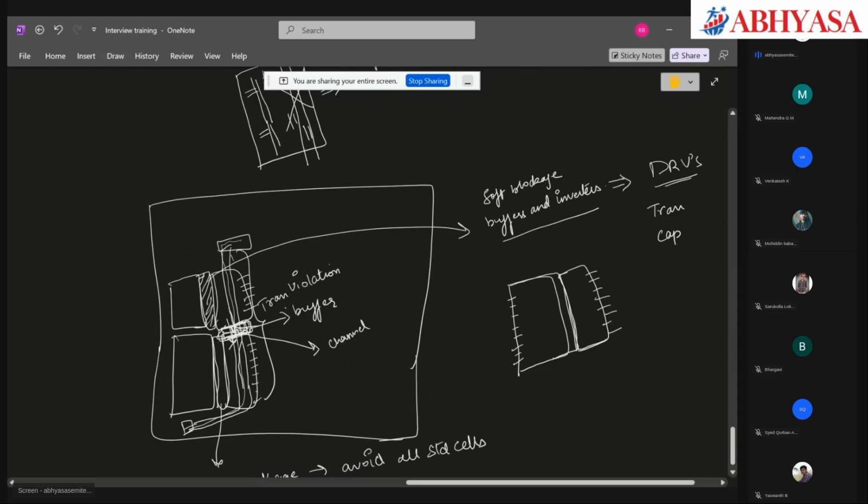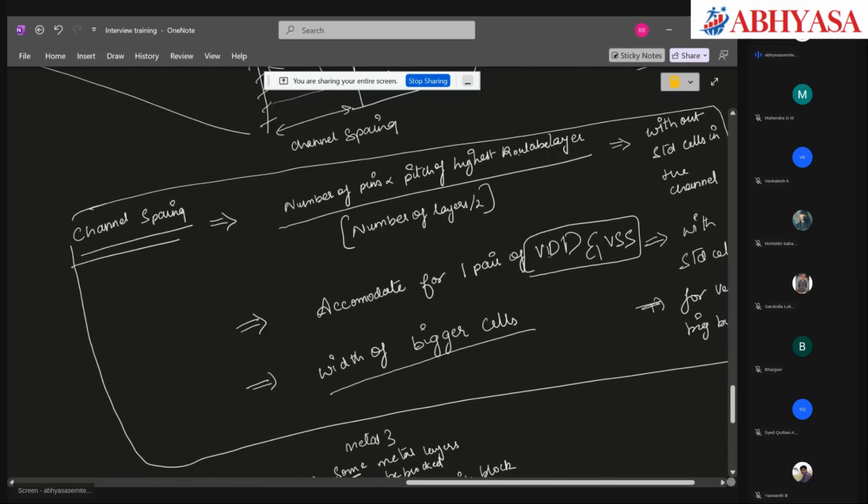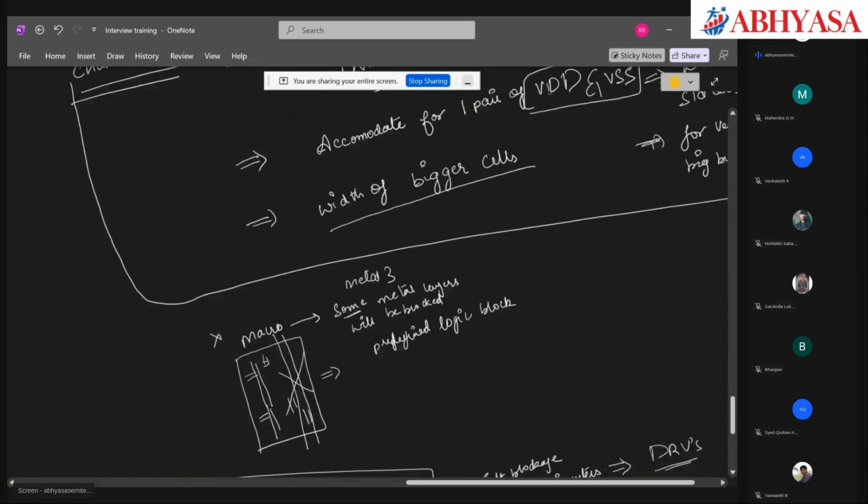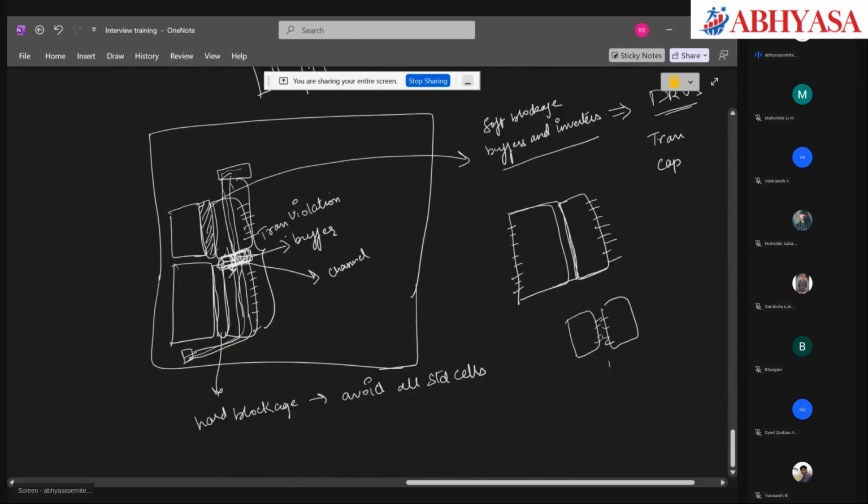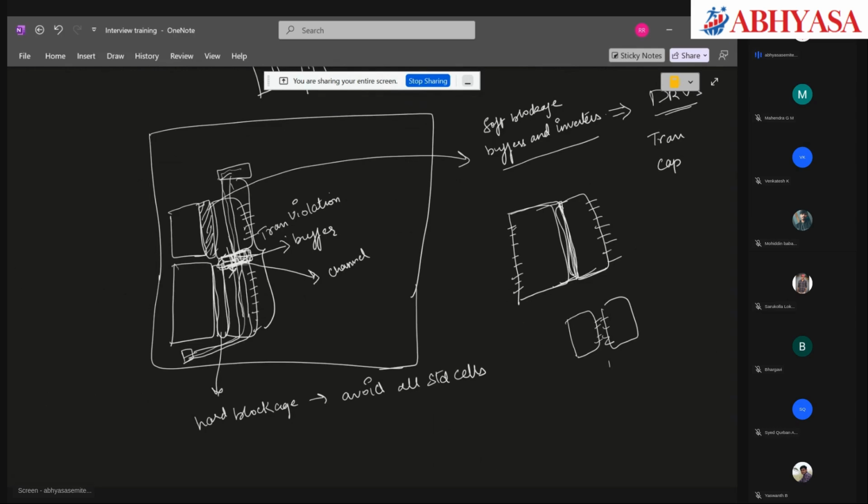In those cases also, we have to leave space gaps between the macros. Usually, when macro pins are facing towards each other, we calculate the spacing between the macros using this formula and then give spacing. When macro pins are facing away from each other, we will just abort them because we don't need spacing.